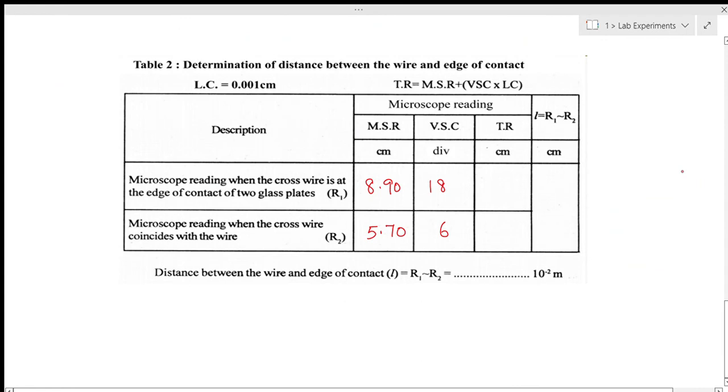We got these sample readings 8.9018 and 5.706. Same way for total reading, MSR plus VSE into LC.